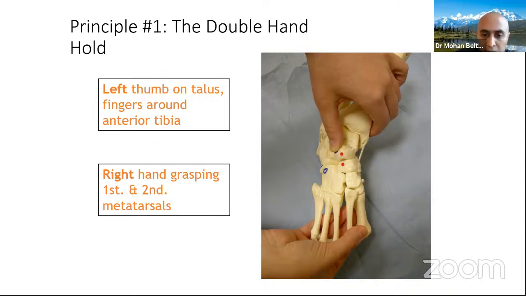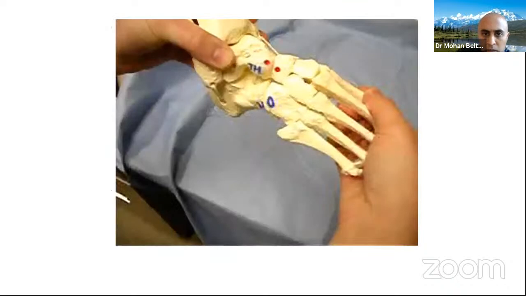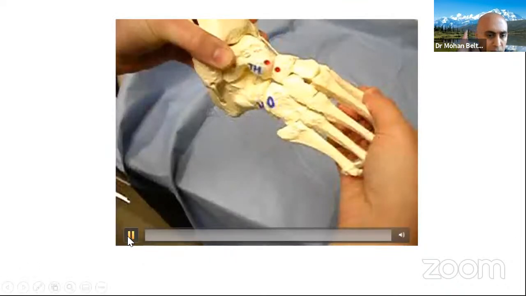And the other hand grasps the metatarsals, even all the way up to the talonavicular joint, to prevent any midfoot break. So the entire foot moves with the calcaneus underneath the talus, and this video is going to show that.